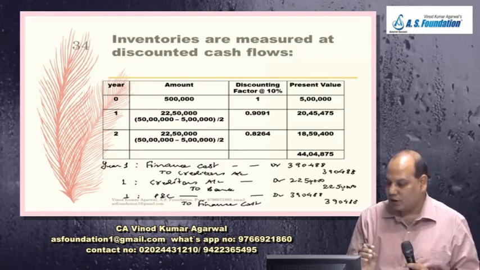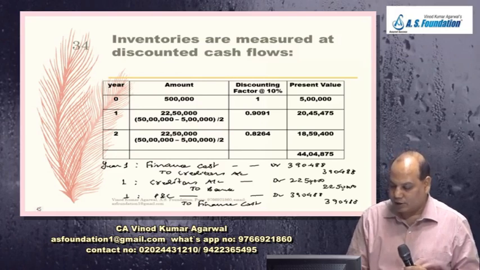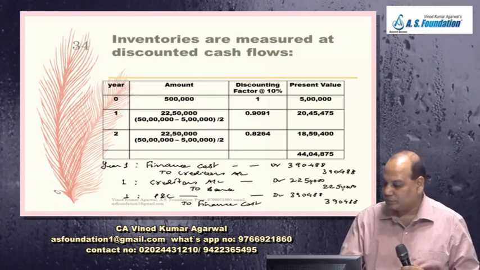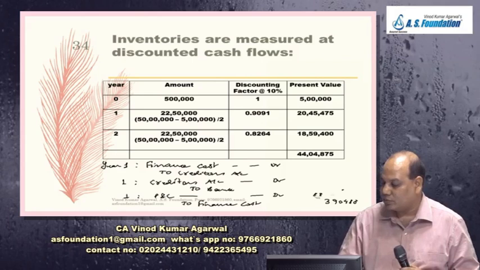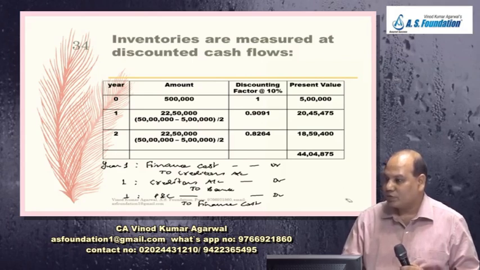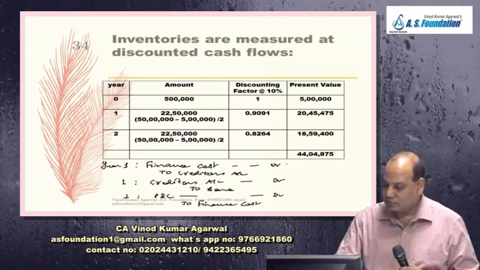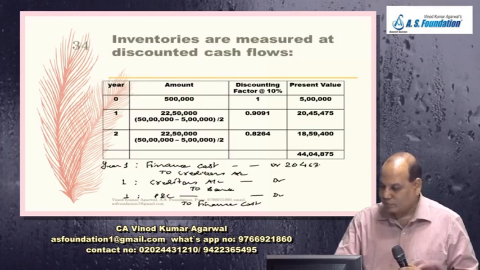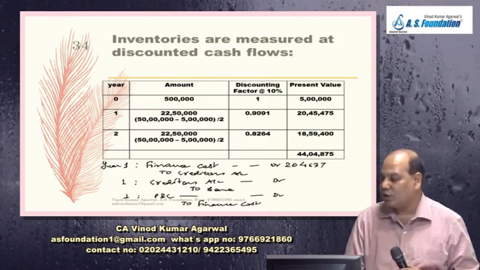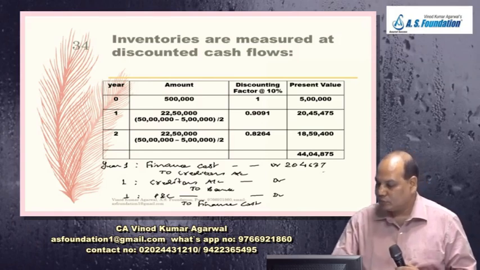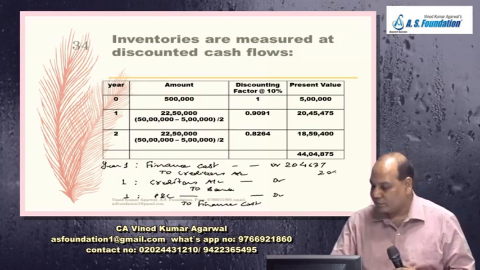So in the second year, I should write the interest in such a manner that after paying the second installment, the balance should become 0. So can you tell me how much interest you will provide in the second year so that your creditor balance should become 0? Is it 2,04,637 plus minus 1 rupees?